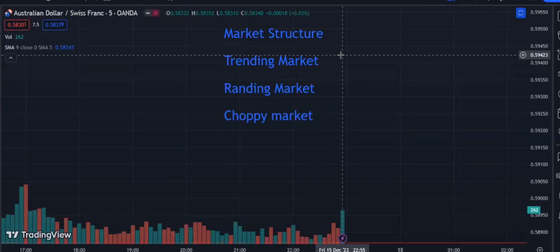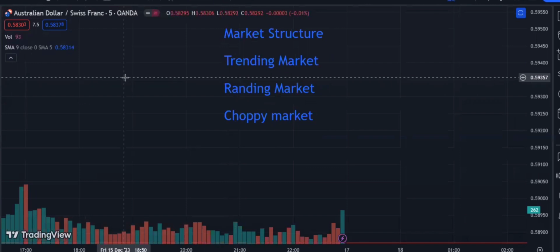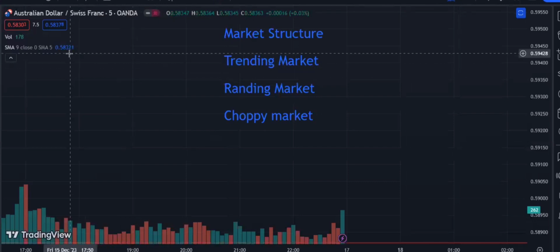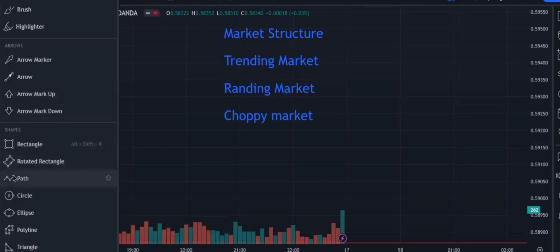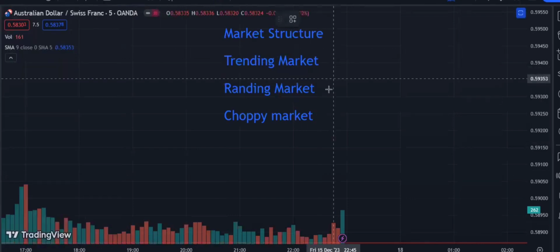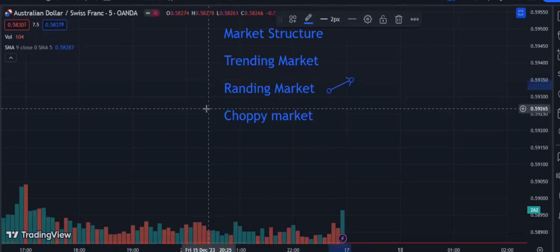So in today's section, we're going to move forward to the next concept, which you have pending, which is called the ranging market. Let's treat the ranging market today.